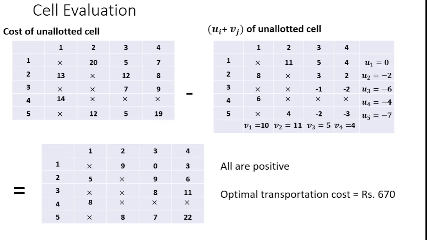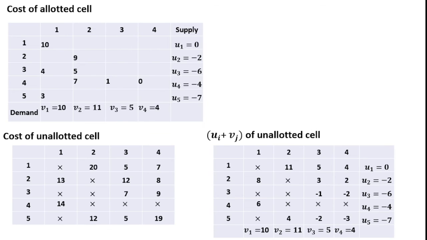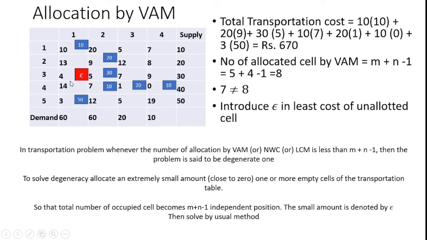Degeneracy in the transportation model means m plus n minus 1 should be equal to the number of allotted cells. This is the condition: m plus n minus 1 is equal to the number of allotted cells. If the condition is not satisfied, we can introduce an epsilon value into an unallotted cell like this.